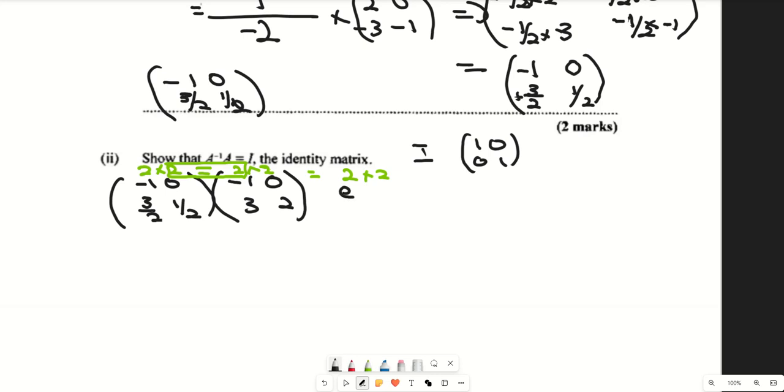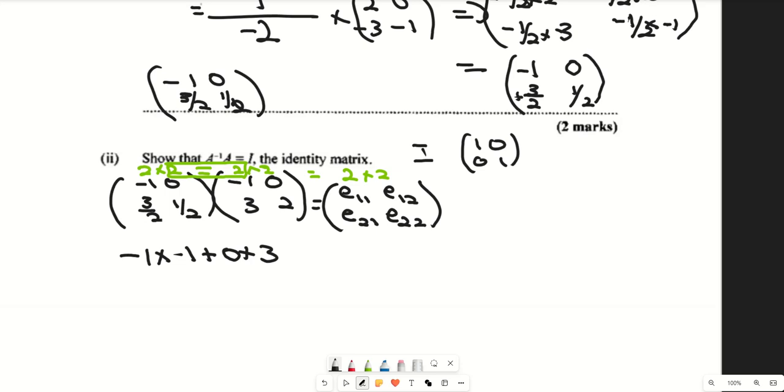So that means we have element row 1 by column 1, element row 1 by column 2, element row 2 by column 1, and element row 2 by column 2. This is just to help you understand. First, it's your first row by the first column: -1 multiplied by -1 plus 0 multiplied by 3.